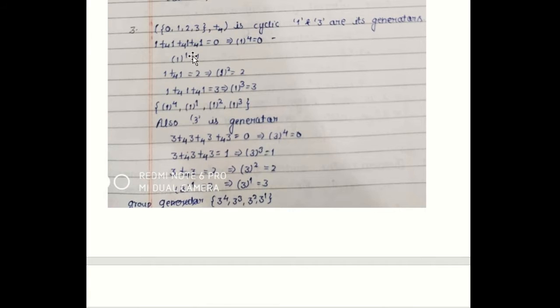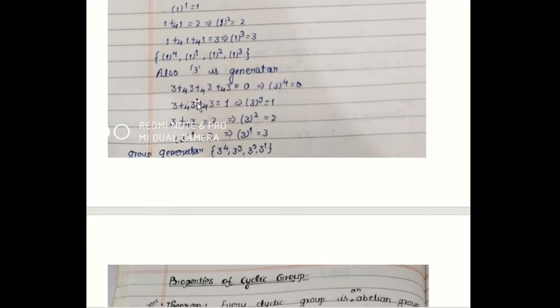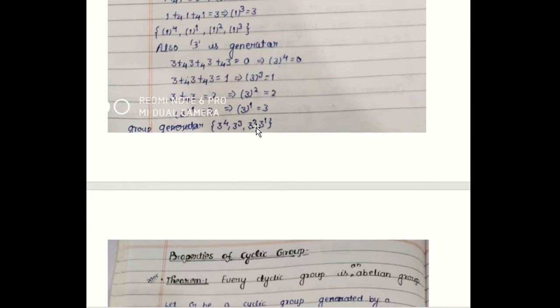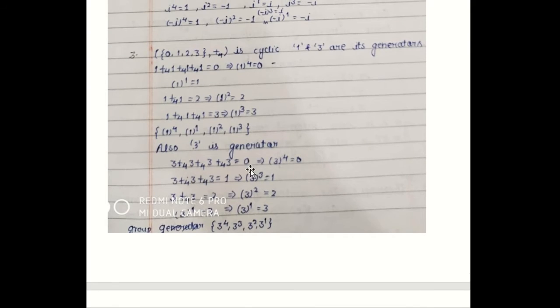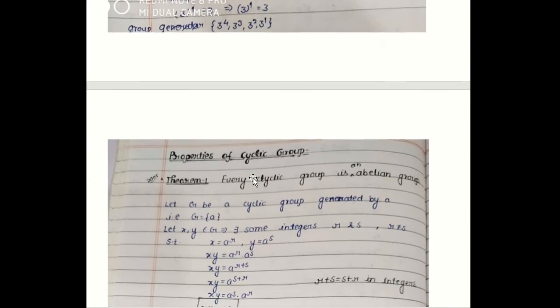Similarly, 1 to the power 1 is 1, 1 plus 1 is 2, which is 1 square, and similarly 3 can be expressed this way. So every element can be written as some integral power of 1. Similarly, each element can be written as some integral power of 3. So there are two generators of this group, 1 and 3, and they are inverses of each other with respect to this group.